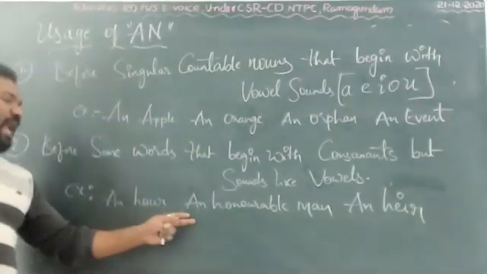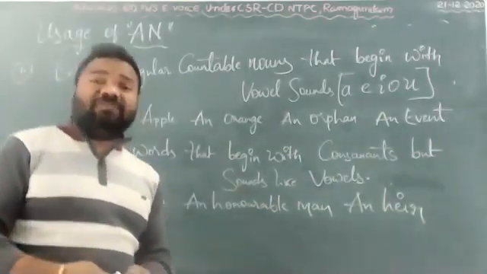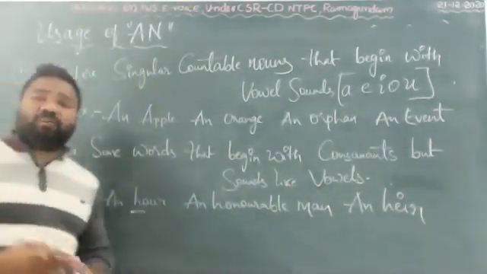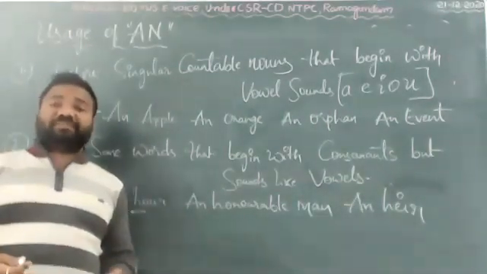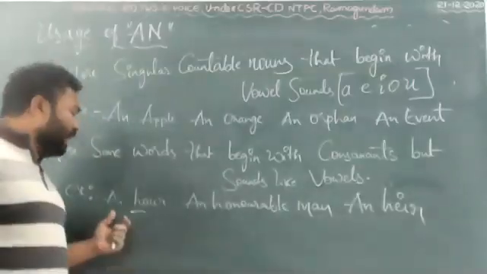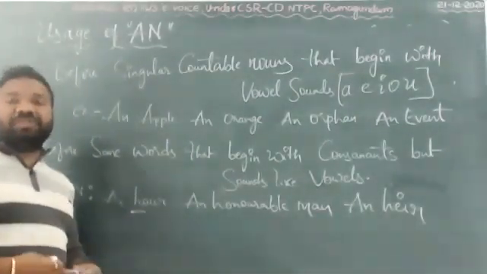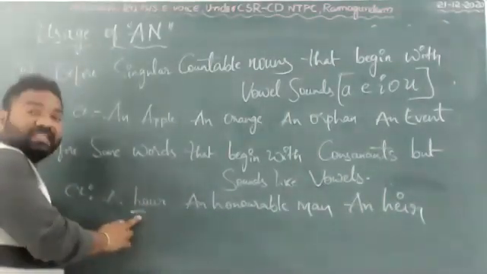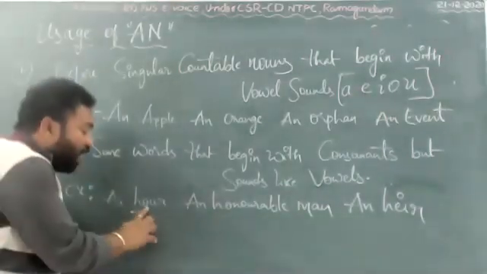An hour, an honorable man, an heir. Why do we take 'an' here, even though it is H? H is a consonant, you know. But before consonants, we don't use 'an', right? But here, why have we used it? Because, students, H is a silent letter, and the stress falls on the vowel that follows. An hour.